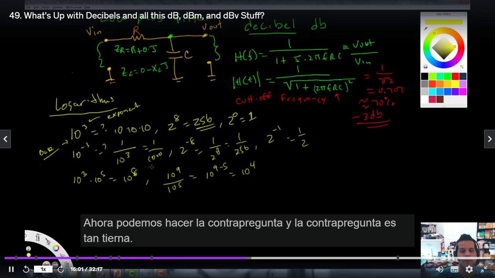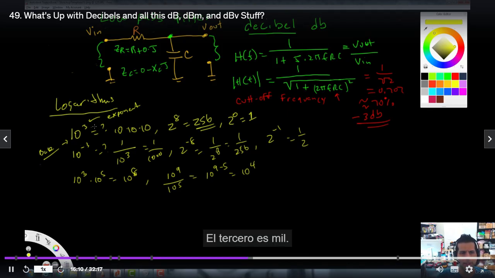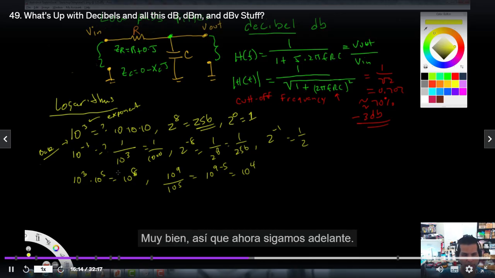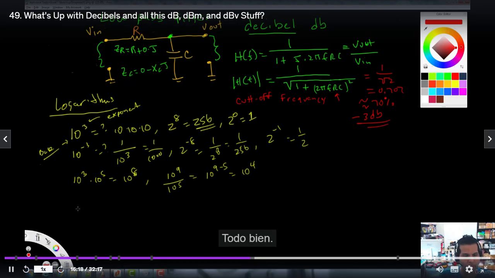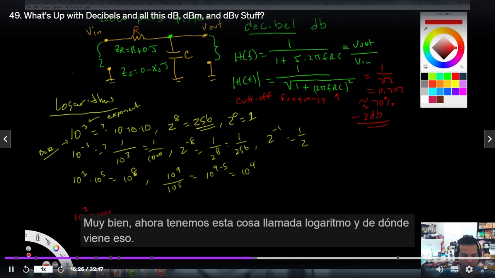Now we can ask the counter question. 10 to the third is 1,000. Let's keep this up here so you can see it. Let's use a simple example: 10 to the third equals 1,000. Now we've got this thing called logarithm, and where does that come in?